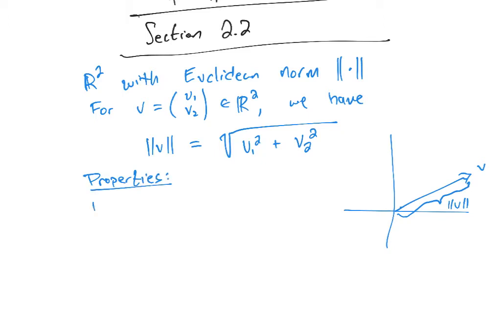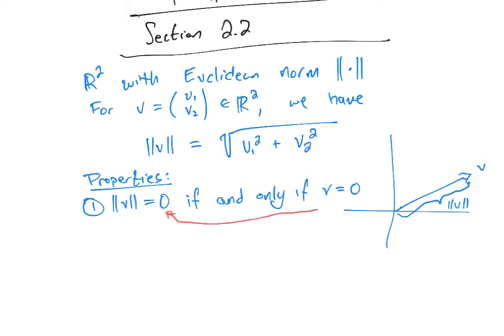Number one, this norm is equal to 0 if and only if our vector is equal to 0. Let me point out that that 0 and that 0 are different zeros.